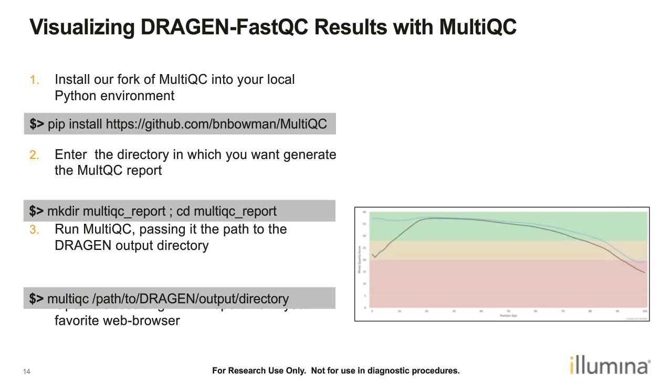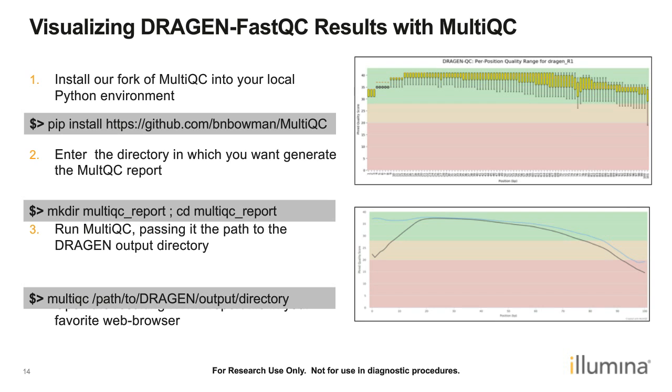So we are showing in this slide deck how you can install our fork of MultiQC into your local Python environment, and then you can provide the FastQC files that DRAGEN generates, and then get plots in a MultiQC environment. Okay, so here are the two plots that you can get in the MultiQC environment.